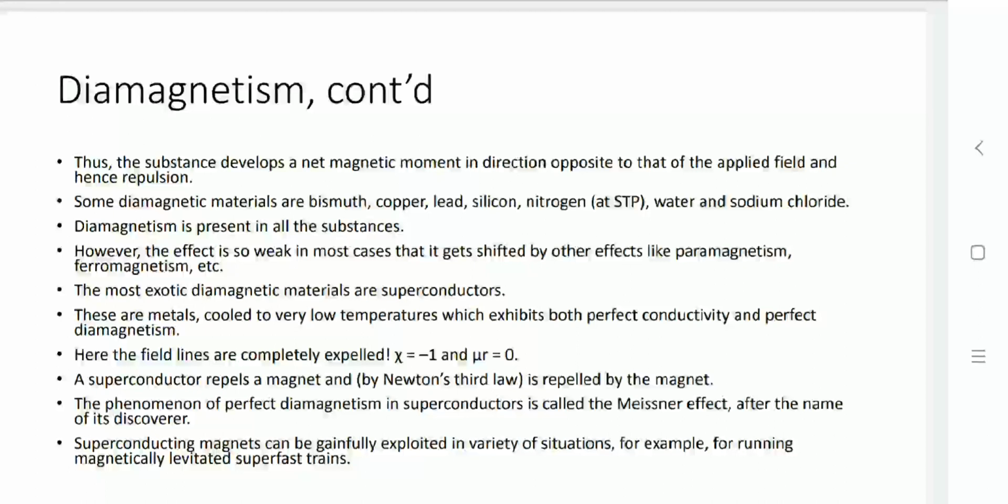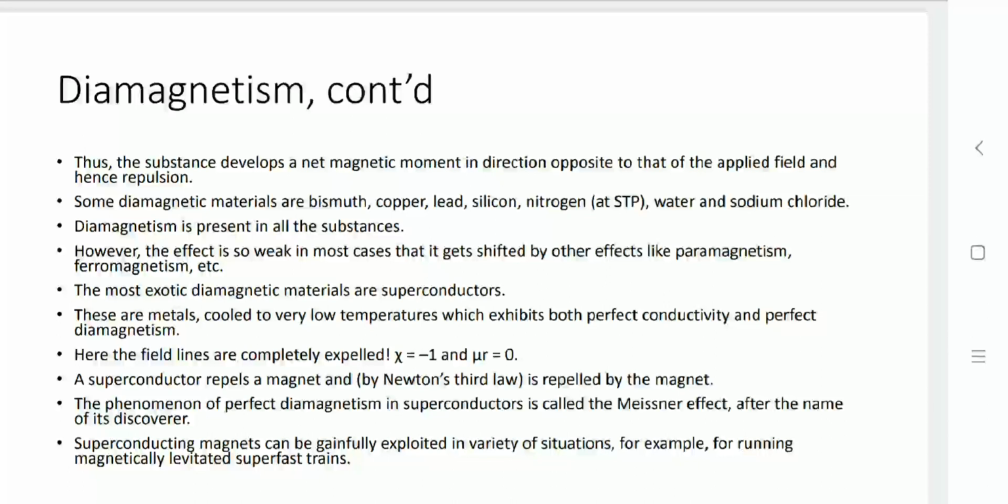When certain materials are cooled to a very low temperature, they exhibit perfect conductivity and diamagnetization, in which zeta is -1 and mu r is 0.